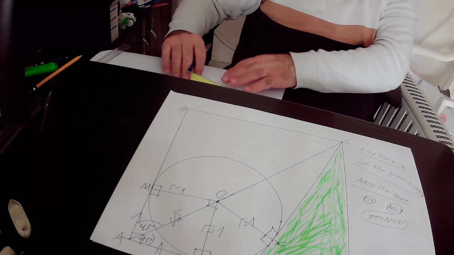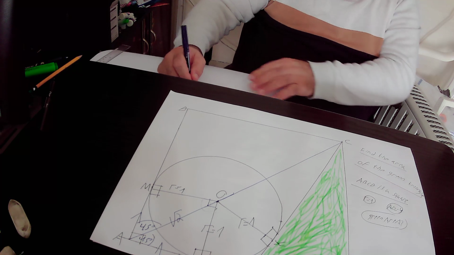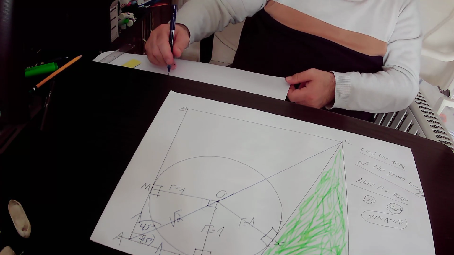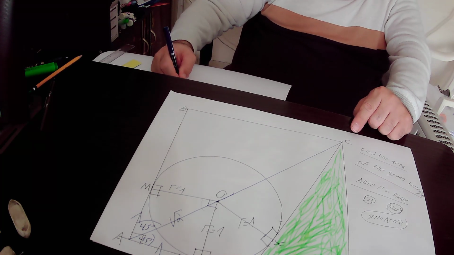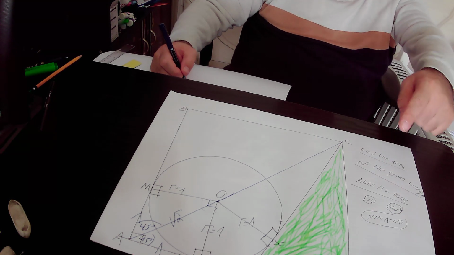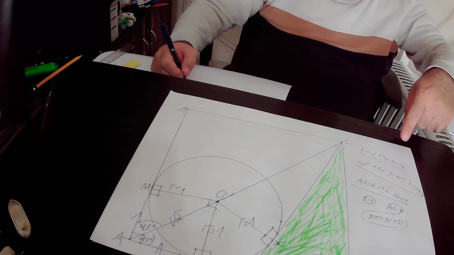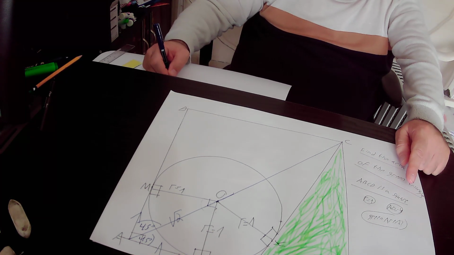In square ABCD, the length of diagonal CA will be equal to the side of square ABCD, that is 4 units, times square root of 2.